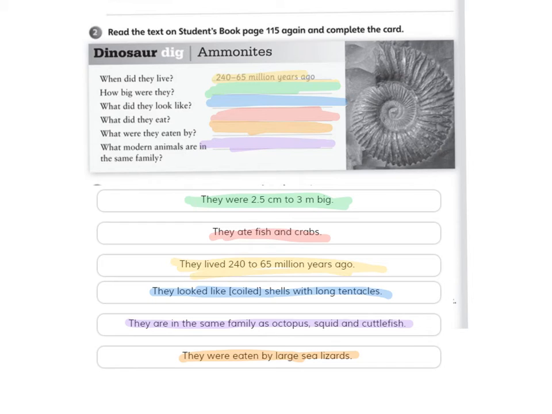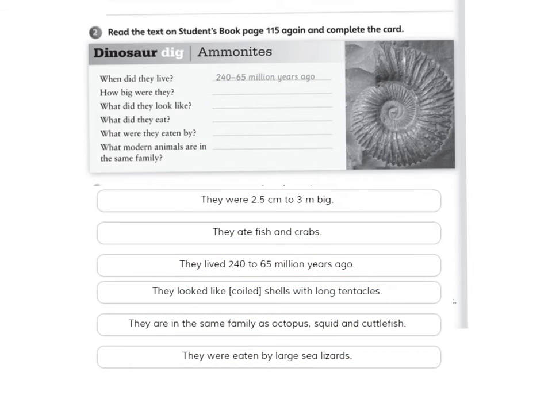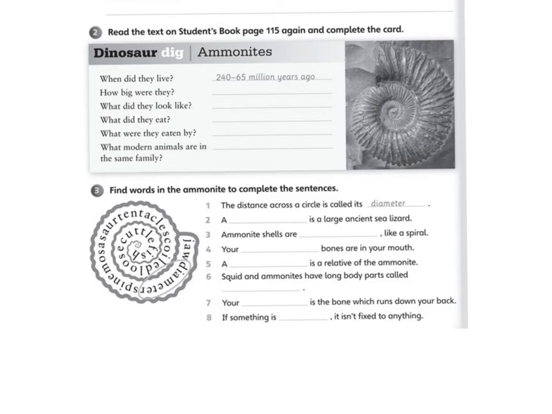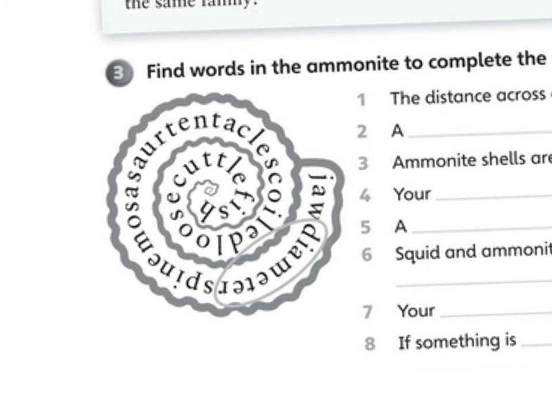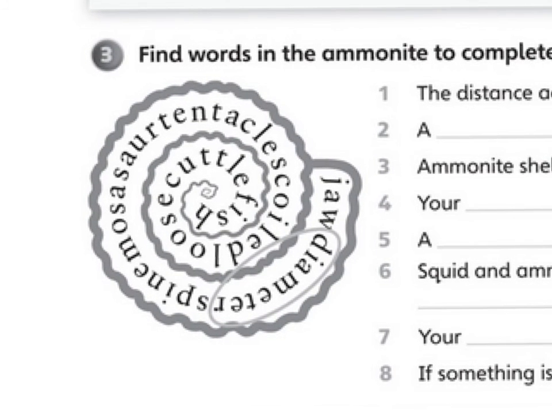Now, in the text of the Ammonites, we had some different things that we need to pay attention to. These things are words, and they are supposed to be here in this Ammonite. So, we have an example. This example was diameter, yes? So, let's find other words.